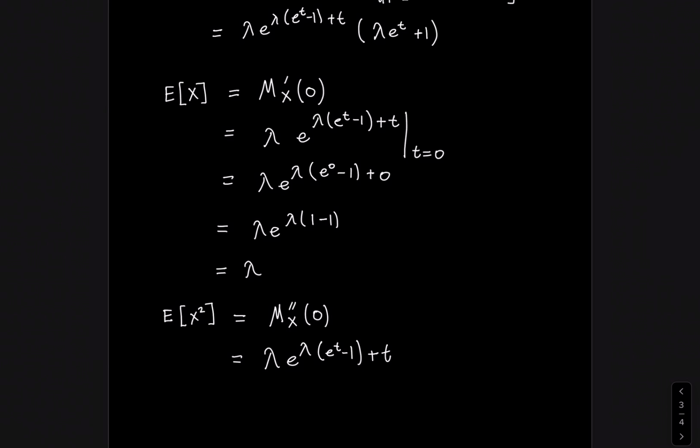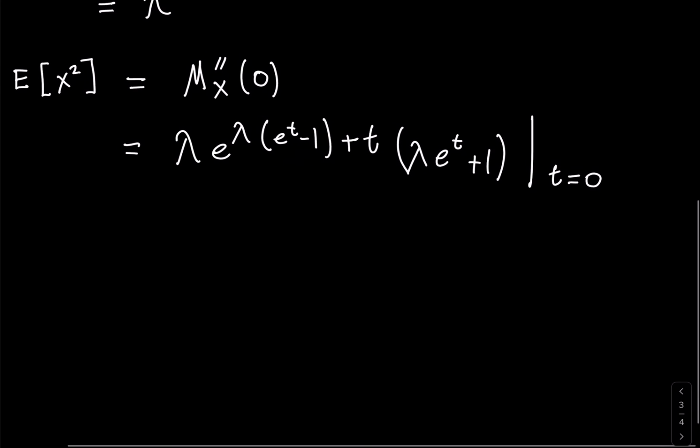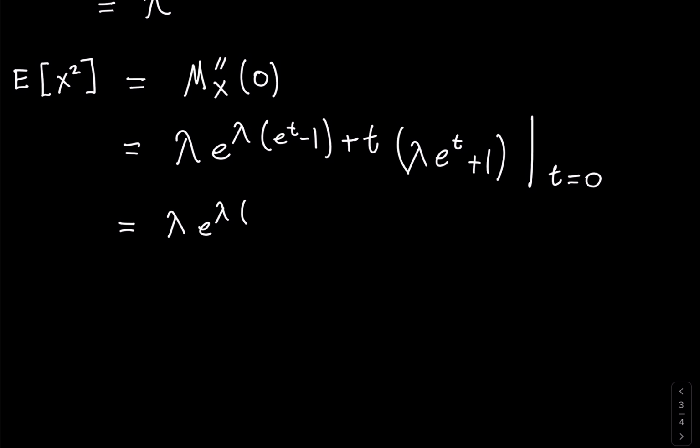And then that is evaluated at t equals 0. So now we can plug in a value of t, so that becomes lambda e to the lambda (e to the power of 0 minus 1) plus 0. Then we've got our lambda e to the 0 plus 1.